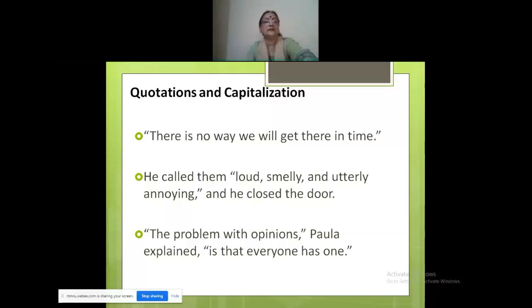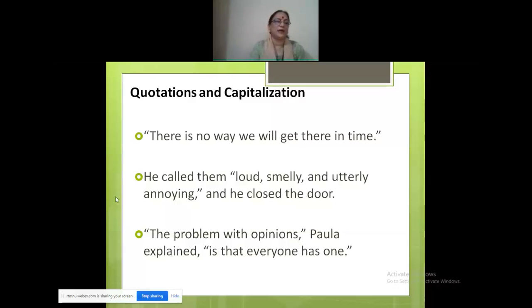Now, loud, smelly, and utterly annoying may not be the first letter in the quotation. They are part of the quotation, a phrase from the quotation. So they will not be capitalized. And here the quotation is broken into two parts. Therefore, the second part is not capitalized. So this rule still stands true.